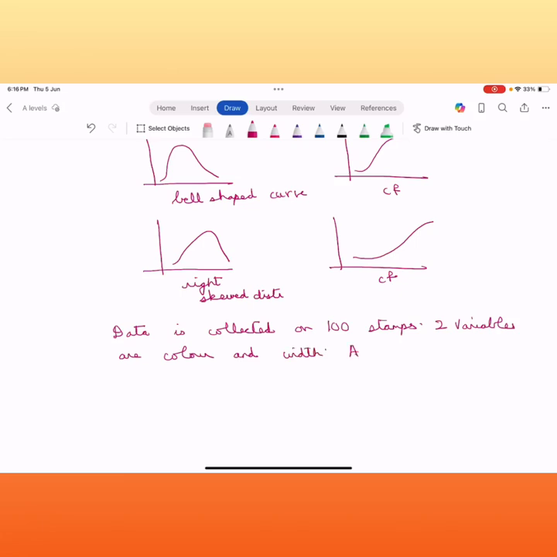So the question is, are these categorical or quantitative variables?